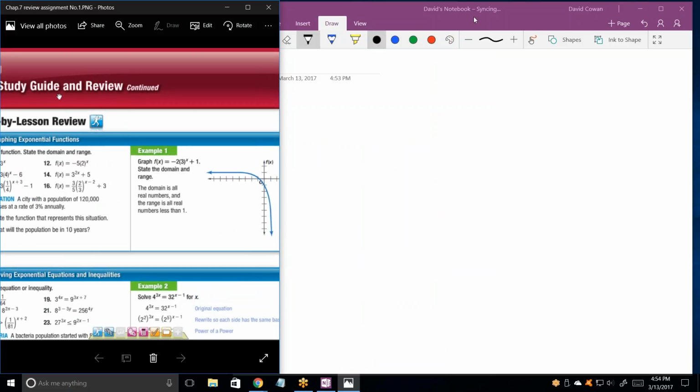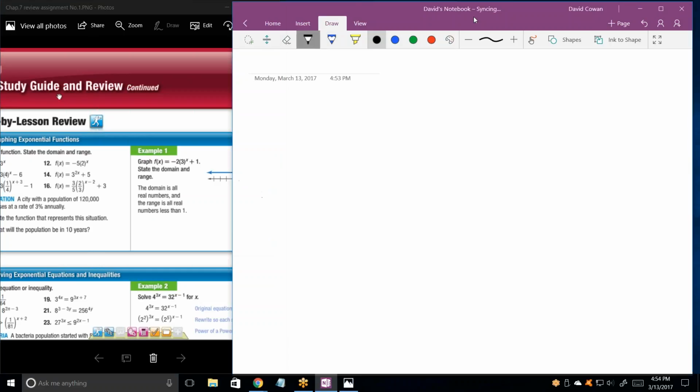So 21 says 8 to the 3 minus 3y equals 256 to the 4y. All right.